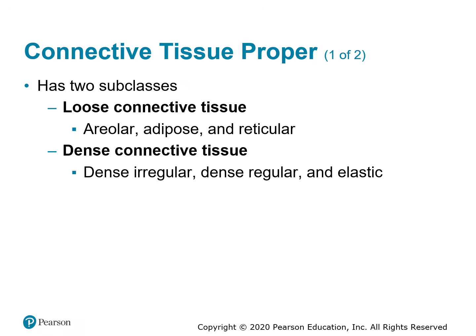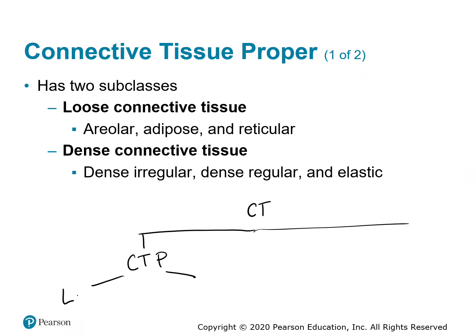Okay, so connective tissue proper. Remember back at my little chart, we had connective tissue proper, and I said that connective tissue proper breaks down into two bits, loose and dense.